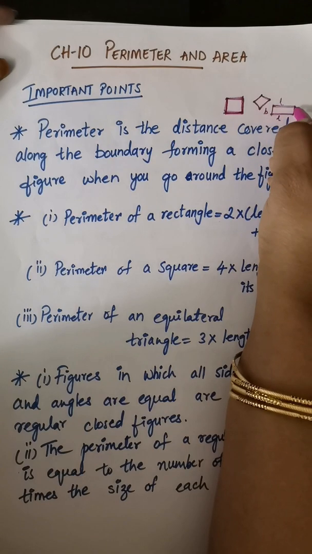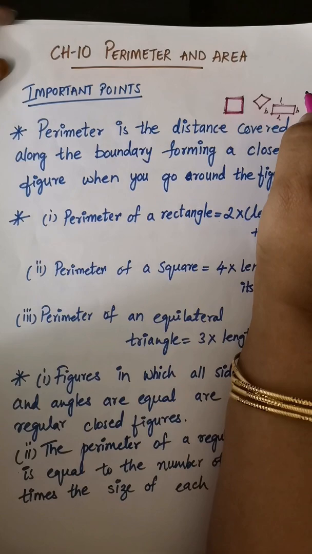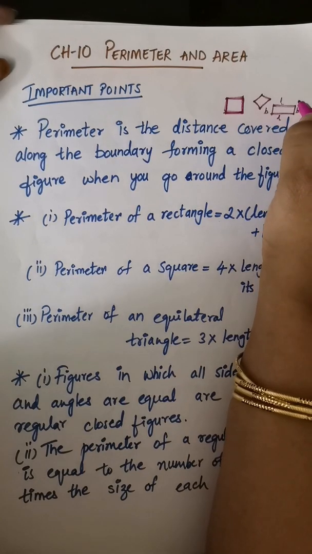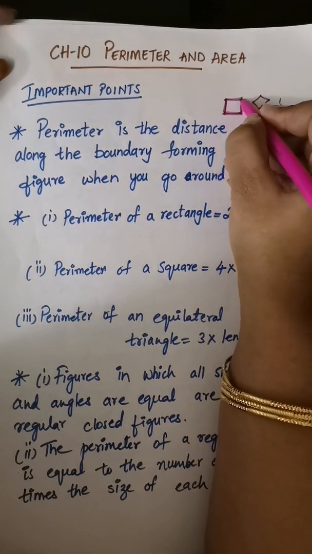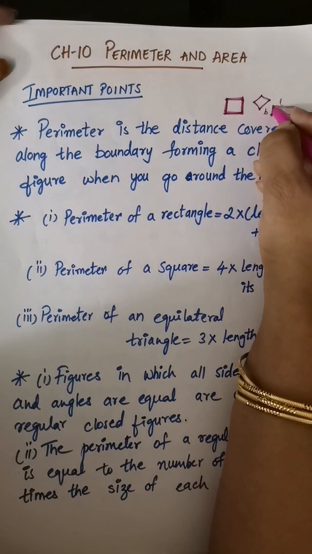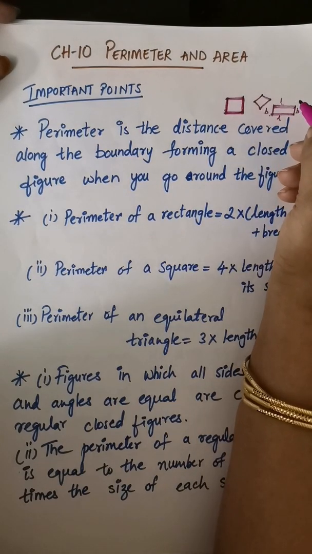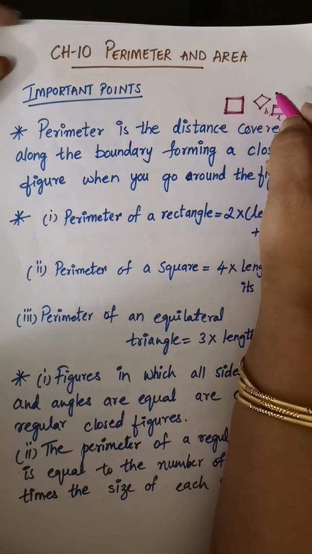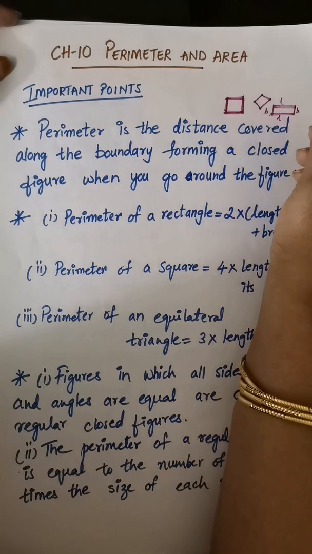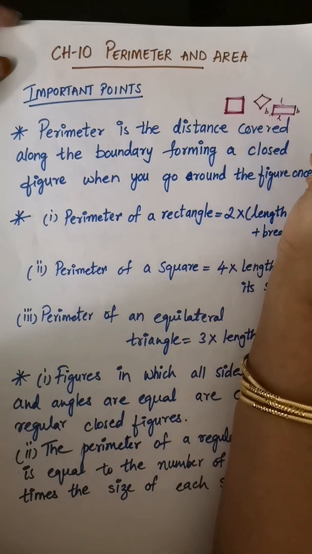We add L plus B and make it 2 times (L plus B). For regular shapes like the square and rectangle, we have a formula. If it is a regular polygon, that is, if all the sides are equal, we can multiply the number of sides into the length of one side.